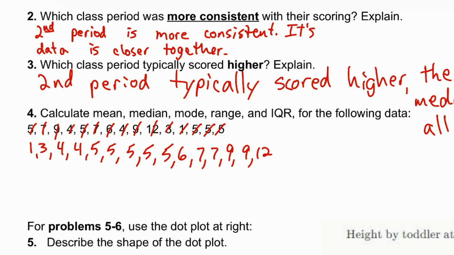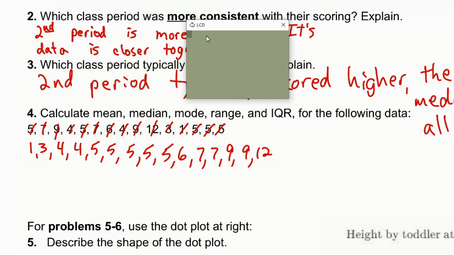So I've put it in order. Now I'm going to get my calculator and calculate the mean. So I'm going to bring the screen in here. All right, so I have 1 plus 3 plus 4 plus 4 plus 5, 5, 5, 5, 5, 6, 7, 7, 9, 9, 12.